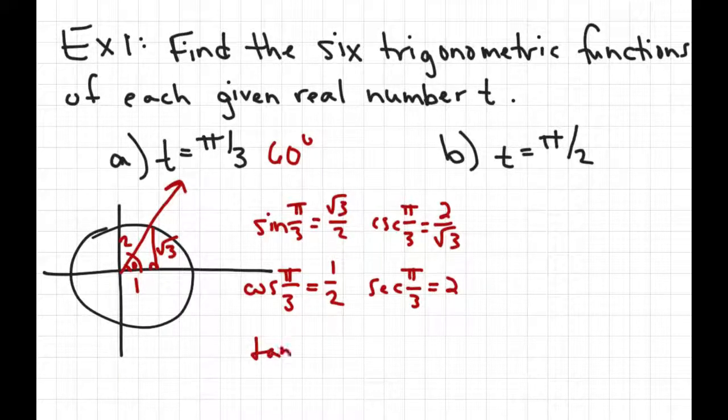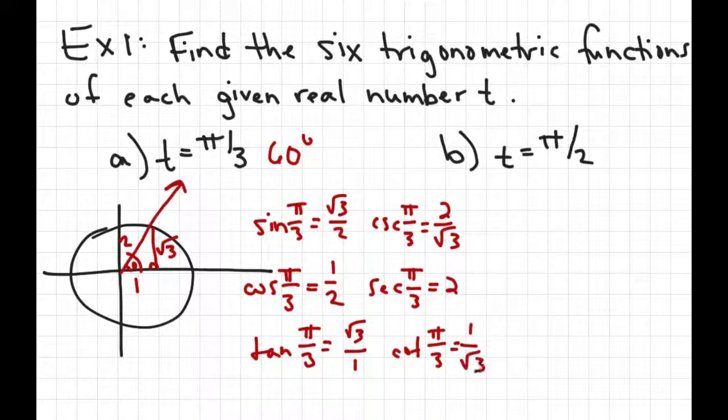And the tangent is going to be opposite over adjacent, and cotangent is its reciprocal. And remember I said for the purposes of pre-calculus, we no longer care if there's a radical in the denominator. It is acceptable for you to leave that answer there.